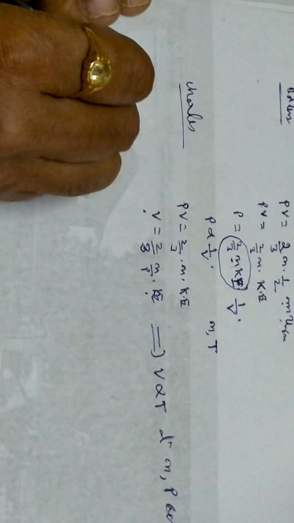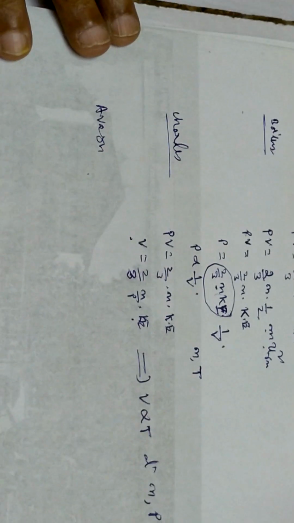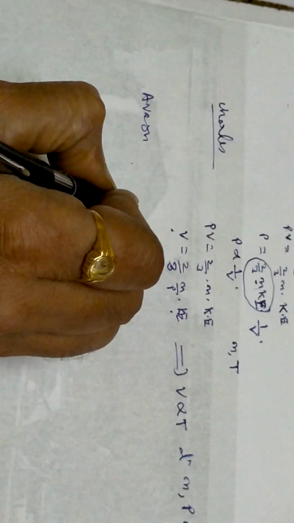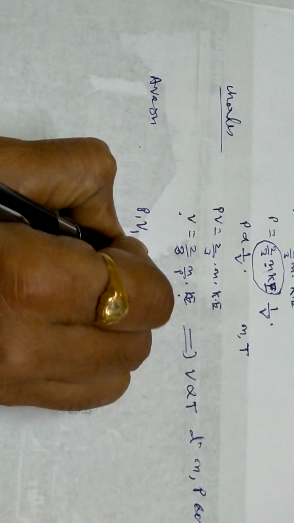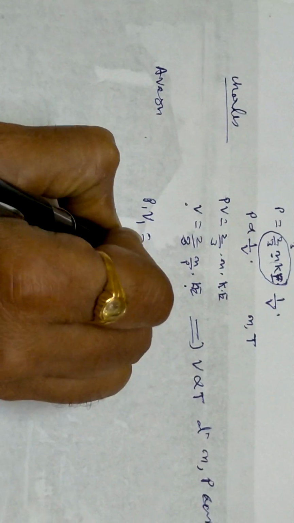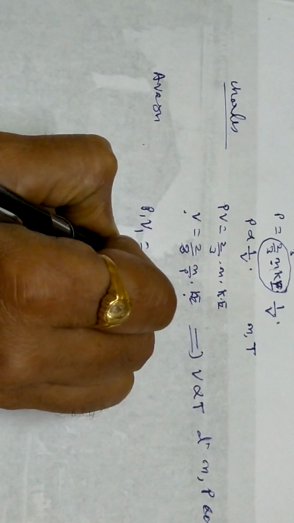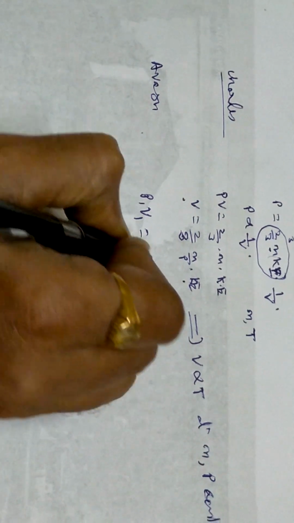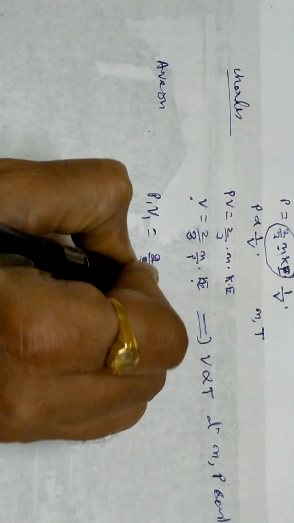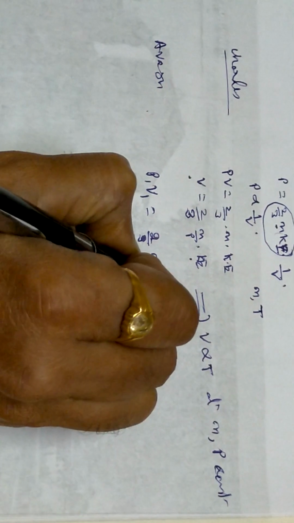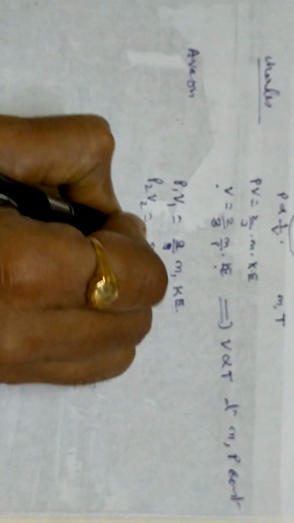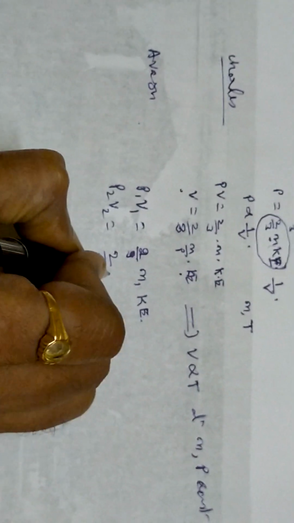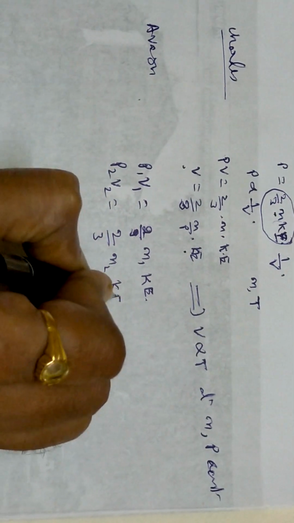Nice. Then we see Avogadro. What is Avogadro's law? We take two gases. P1 V1 equals 2/3 n1 KE, and for another gas, P2 V2 equals 2/3 n2 KE.